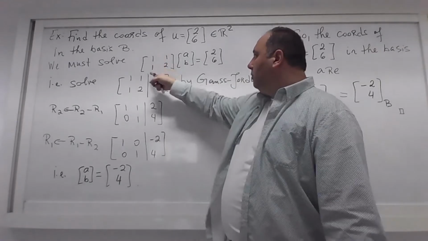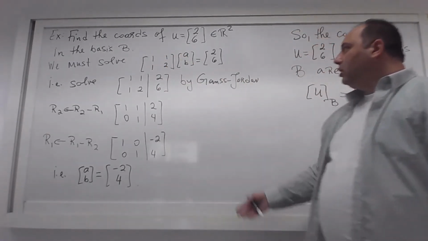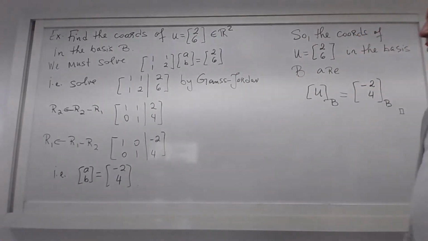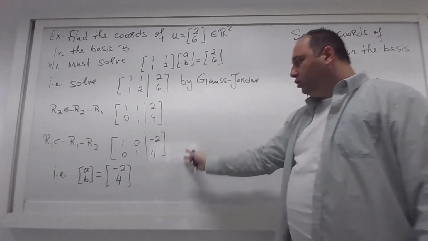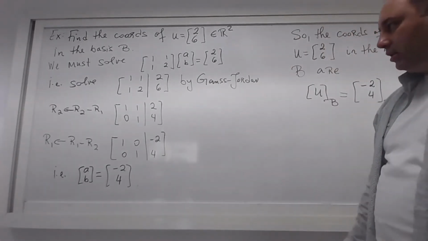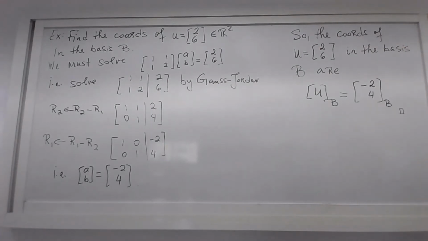So this is the first basis vector, this is the second basis vector. We just put them in columns and we solve the non-homogeneous system, augmented matrix, apply Gauss-Jordan. In this case it's not that complicated. So we get the result, negative 2 and 4.